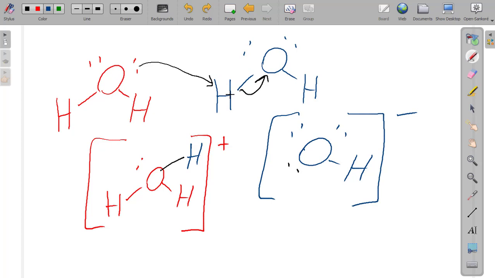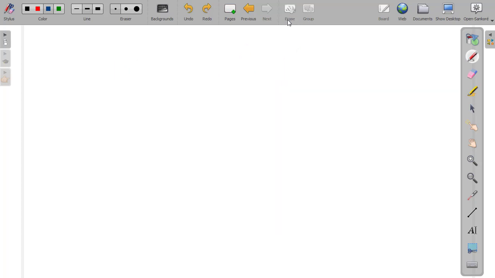Because it didn't take any electrons, it went as an H plus. And so a pair of electrons that was a pair of electrons on this water molecule originally now becomes a covalent bond because it's sharing those electrons with that H plus. What were the electrons that were being shared with it before now just becomes another lone pair of electrons on the molecule. All right. So back to the outline.